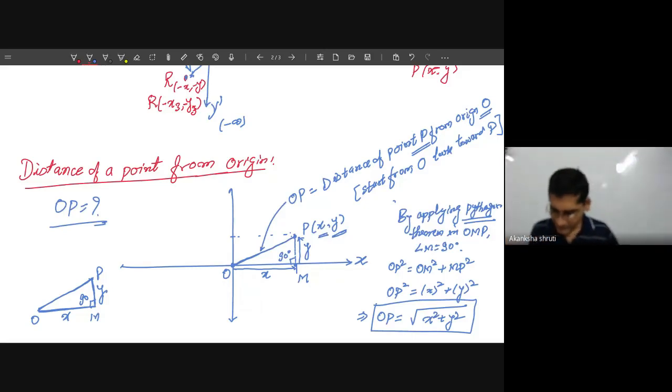Student, you may be thinking: if the point is on the negative side, is this formula going to change? Let us see that. We will observe that no, this formula is not going to change under any condition.